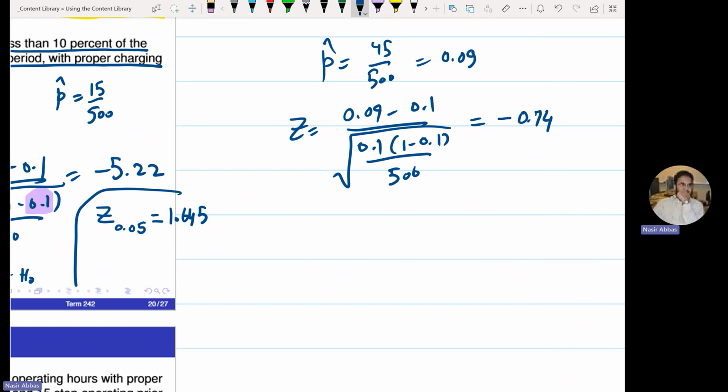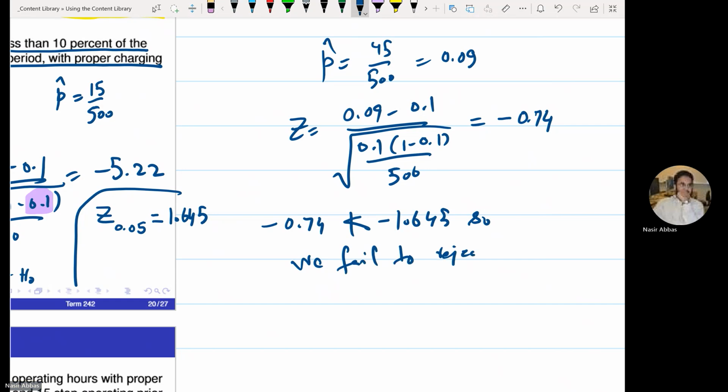Go for the decision. Minus 0.74 is not less than minus 1.645. So you fail to reject in this case. And you conclude that P is more than or equal to 0.1. P hat was 0.09. But the decision is that it is not less than 10%.